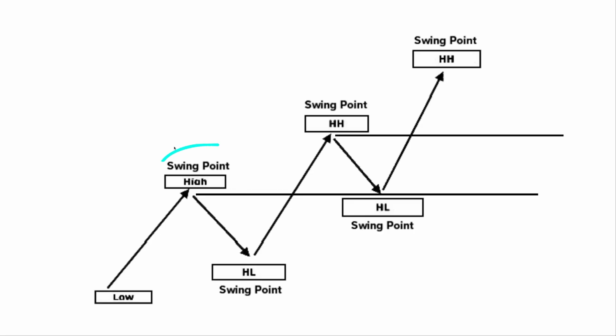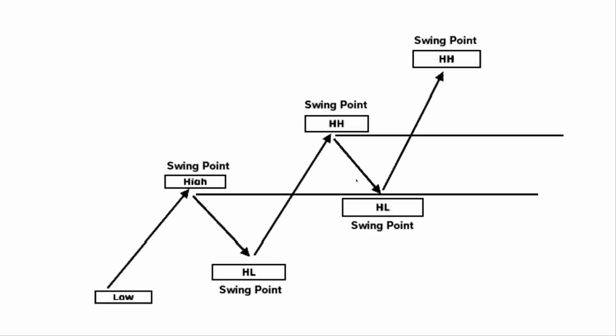The importance of swing points is going to help us understand where price should respect. As we have our swing low here, we're breaking up. We have our high, which is our swing point. We are dropping back down, making a higher low and a new swing low, moving back up, taking out this high, this swing point, and making a higher high and a new swing high.